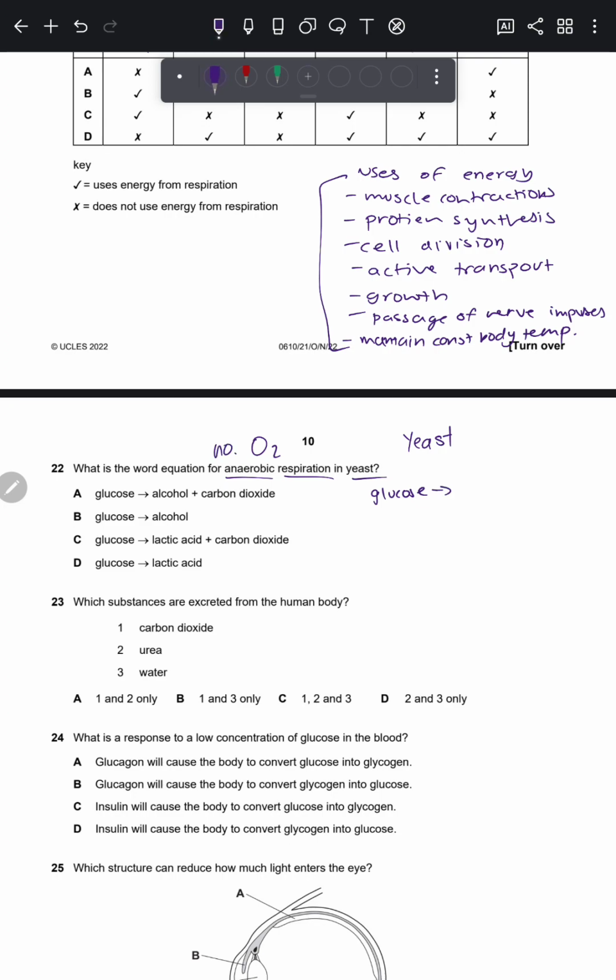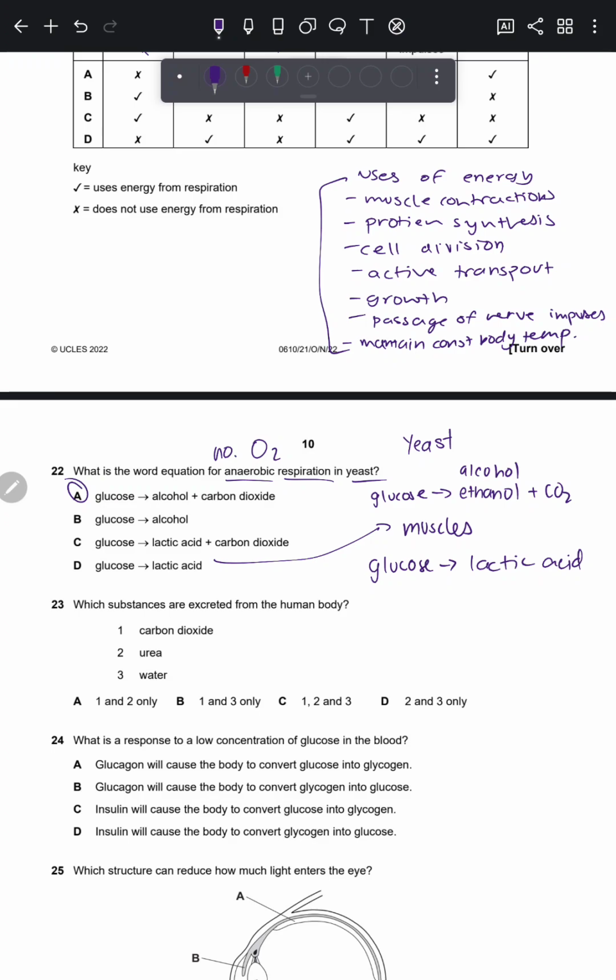So glucose straight away turns into alcohol, specifically ethanol, and carbon dioxide. In muscles, anaerobic respiration occurs, and it just goes straight from glucose to lactic acid, which is option D, which is anaerobic respiration in animals. So for yeast, it is A.